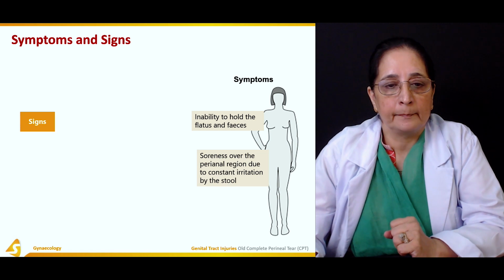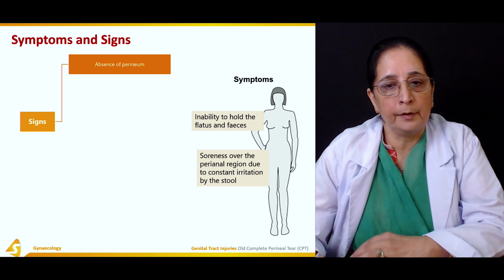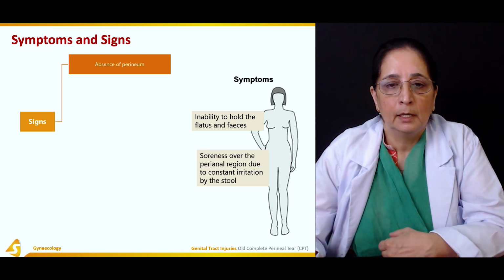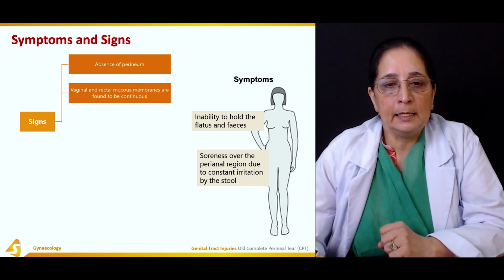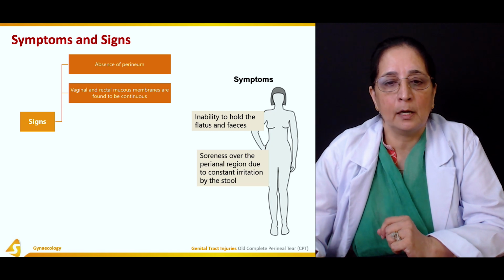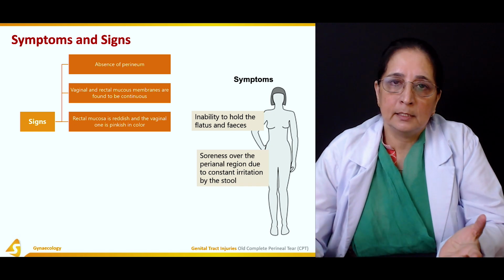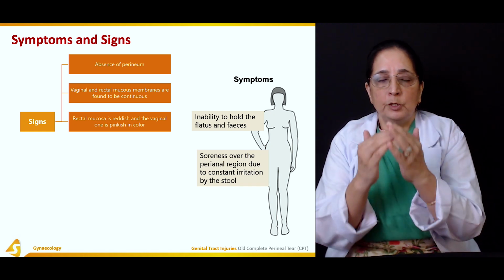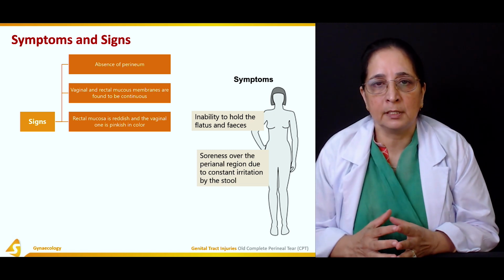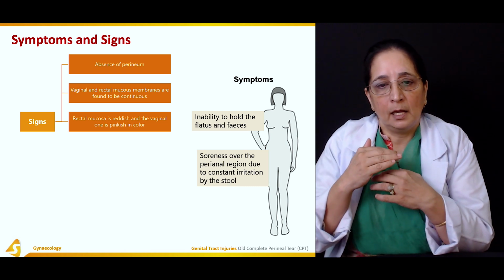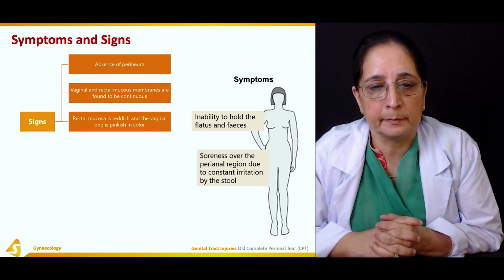pain, and redness. Signs of the perineal tear include absence of perineum, no perineum repair as a result of trauma or injury. Vaginal and rectal mucous membrane are found to be continuous. So as a result of perineum, which is the area between vagina and the rectum, if that is lost or if it is absent, then you see there is a continuation between the vaginal and rectal mucous membrane.